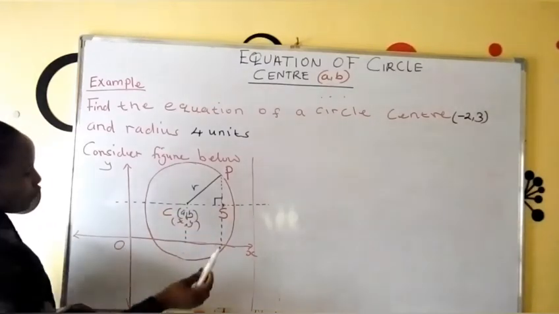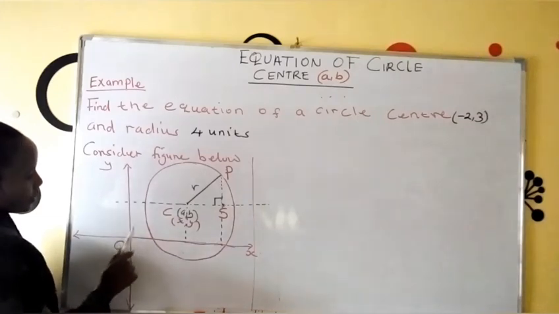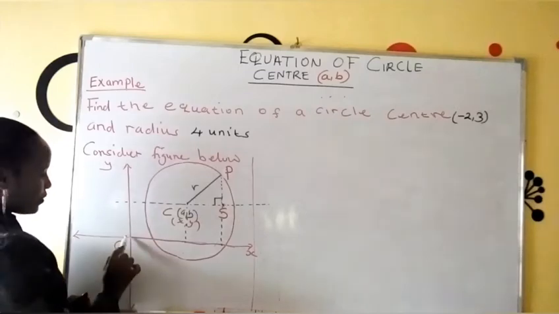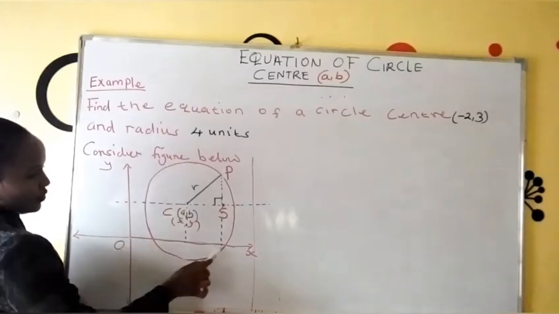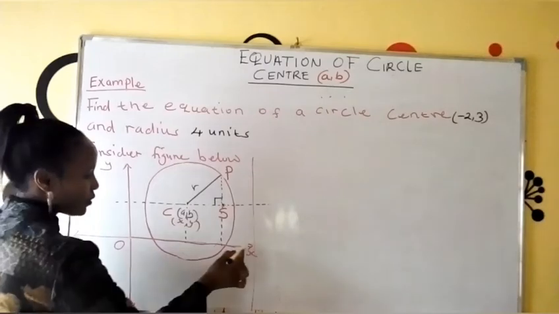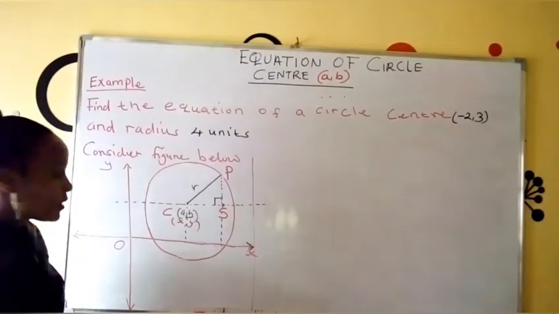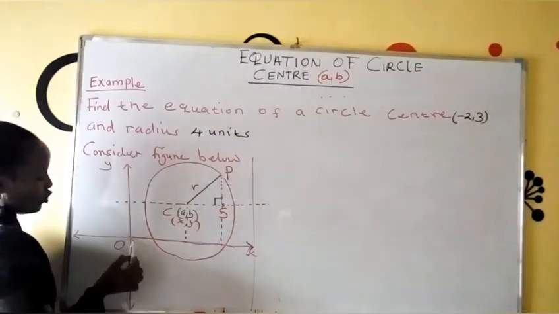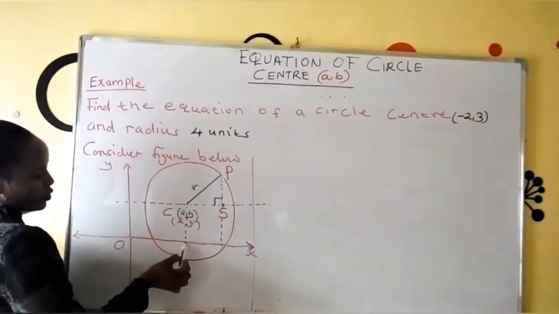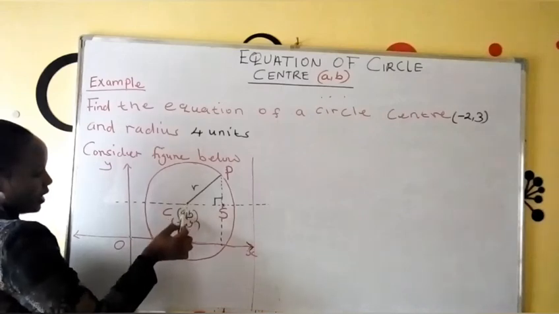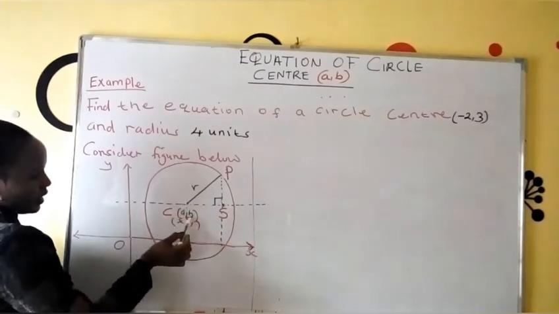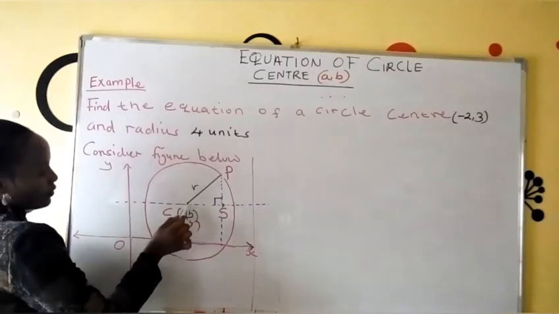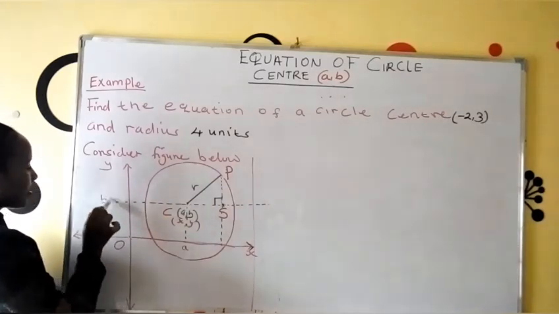We know from this point to this point is a, and from this point to this point is x, because this is the x-axis. From the origin to this point is a, because the center is a on the x-axis, and for the y-axis, this point is b.